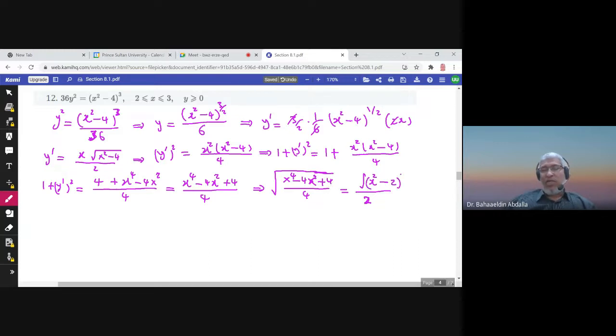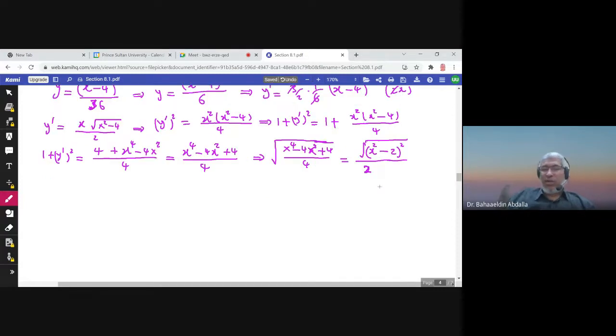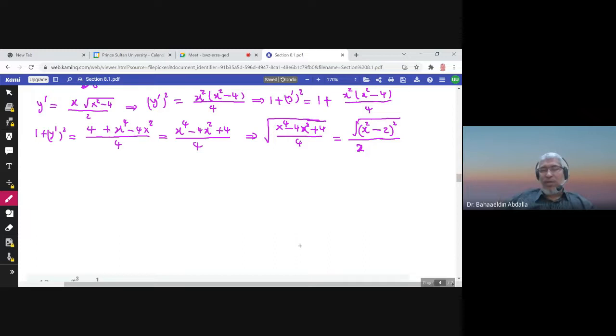So I can write these 3 terms as a perfect square, like this, x squared minus 2 to the power 2. Remember, a minus b all square is equal to a square minus 2ab plus b square. So the three terms can be written as a perfect square if the first term has a root, the last term has a root, and the midterm is the root of a square times the root of b square, a times b times 2.